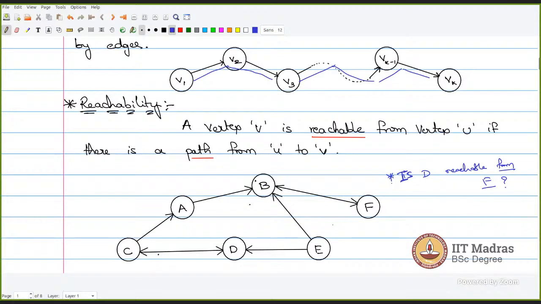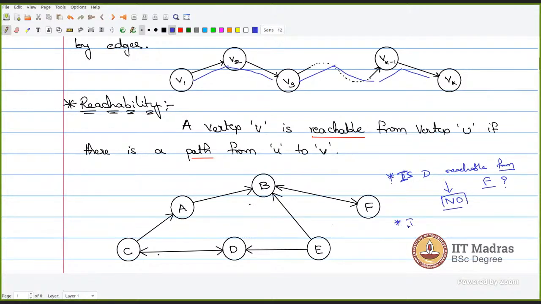The edges which come towards a vertex are called incoming edges. The edges which go out from that vertex are called outgoing edges. So from B there are no outgoing edges, so I cannot travel further. So the answer to this question is no.